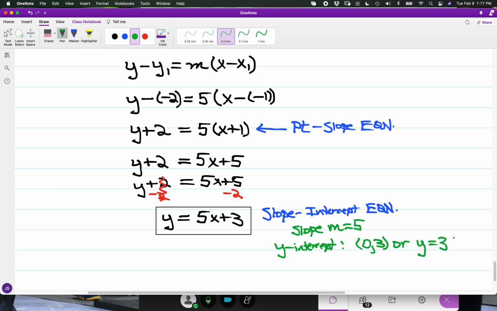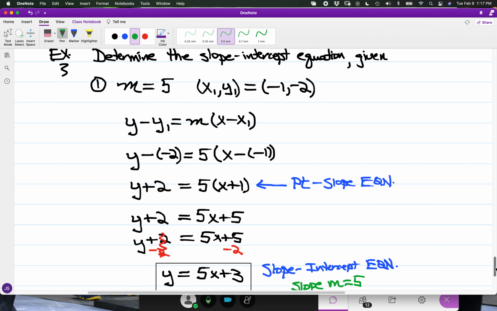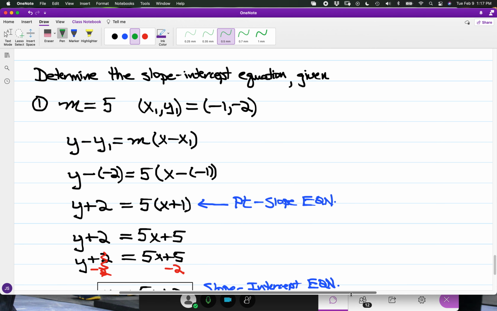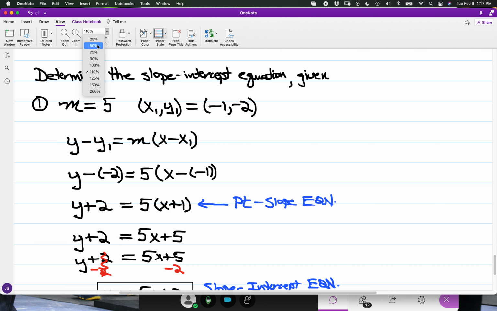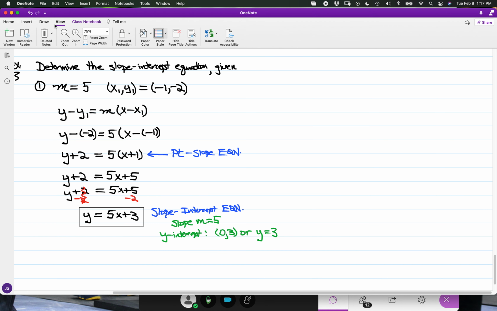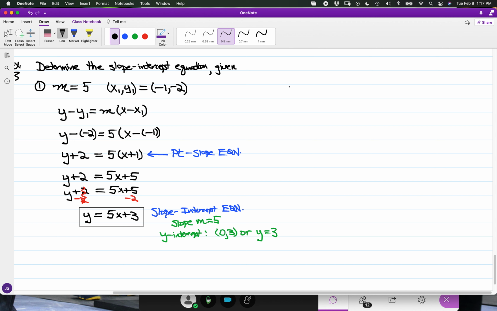And now, another case here. Let's say we have a negative slope, m equal to negative 4, and the point through which the line passes will be (2, 6). So we have one point that is provided and the slope is given.